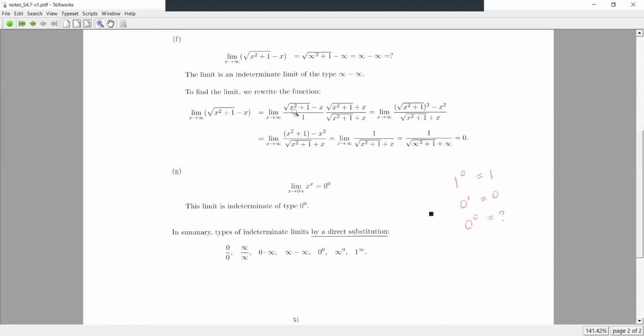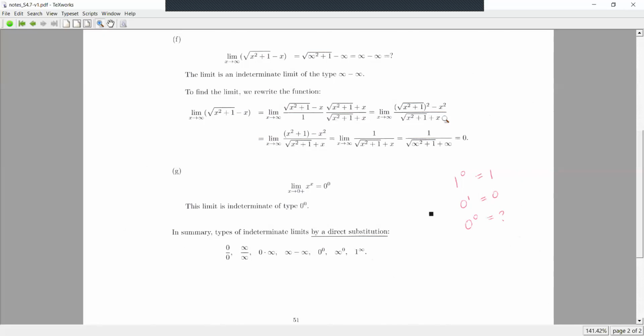Algebraic conjugate: a minus b, then I multiply the top by a plus b, and also multiply the bottom by a plus b. Okay, a minus b times a plus b is a squared minus b squared. This is a formula. 1 times this guy is this guy.